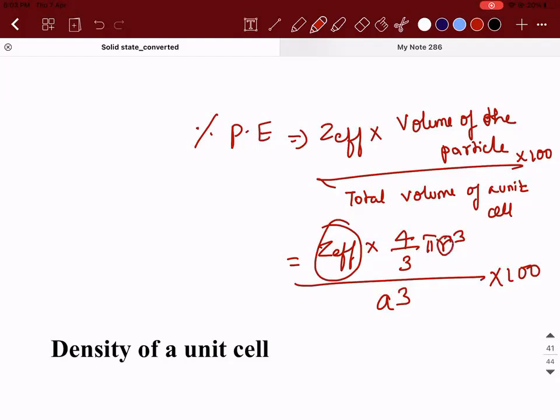What is your R for SCC in terms of a? R is equal to a by 2. Substitute that.